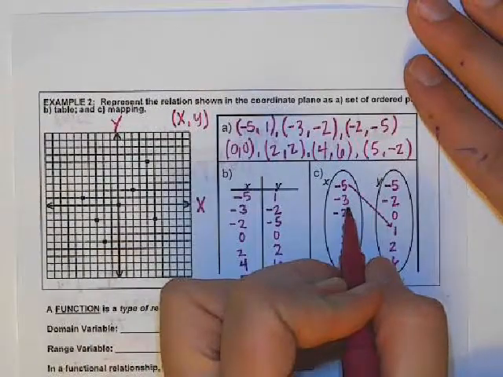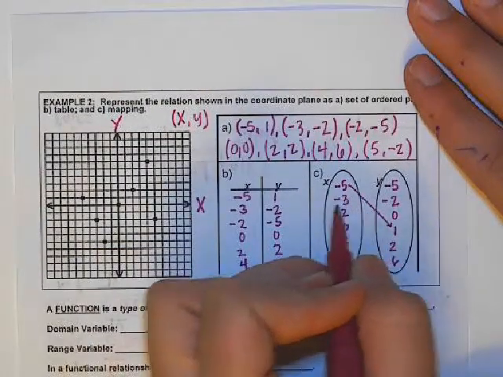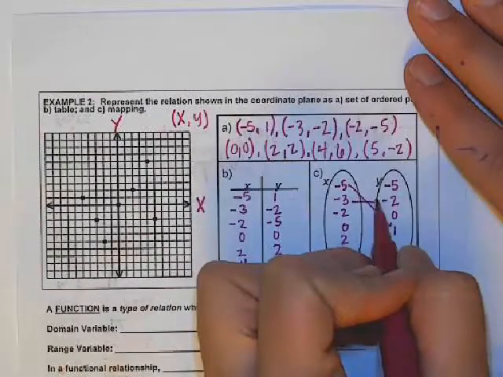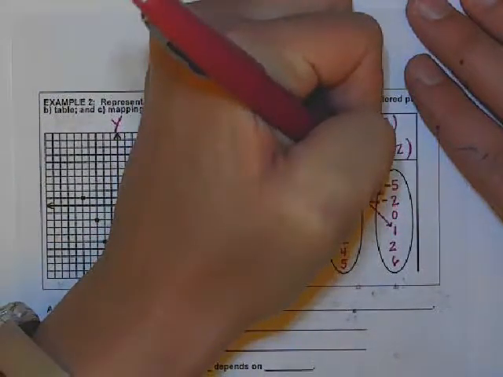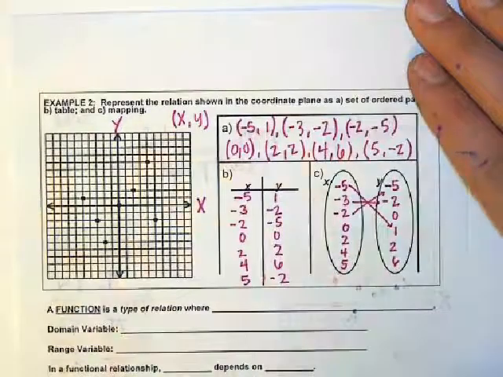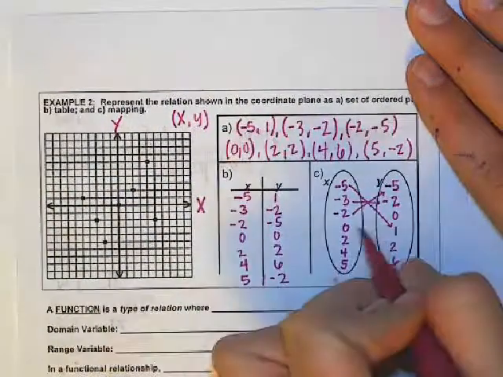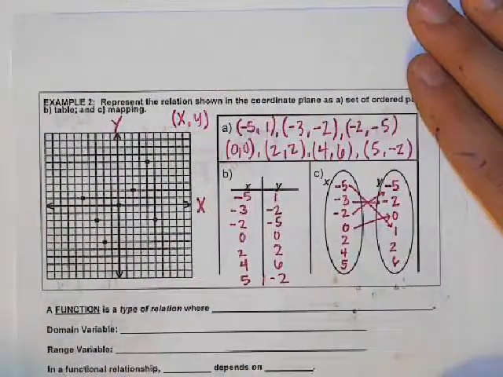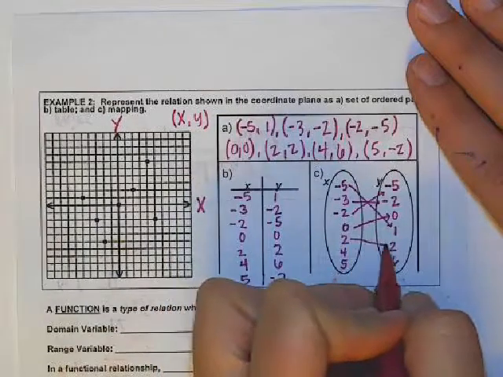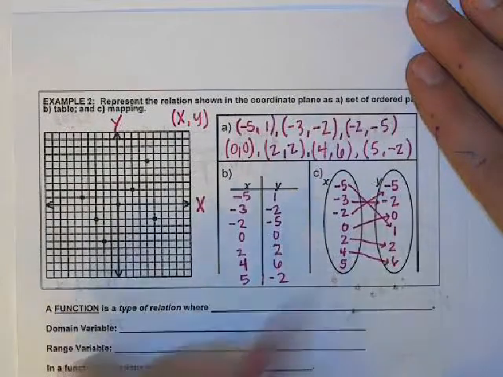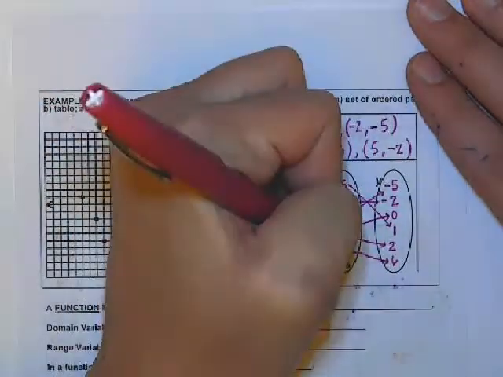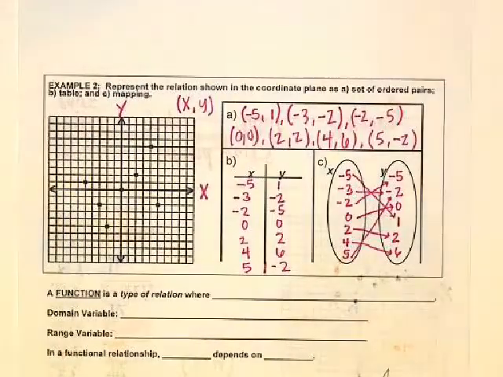And then -3 goes with which Y? -2, so I need to draw an arrow. -2 goes with -5, so I'm going to draw an arrow. 0 goes with 0, is the origin. 2, 2. 4 goes with 6. 5 goes back to -2. And there's your mapping.